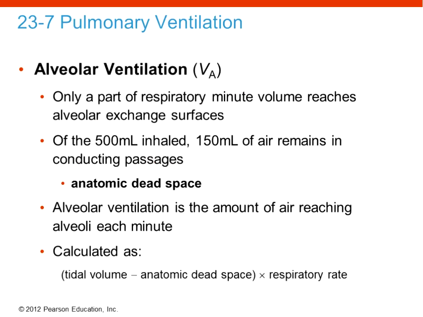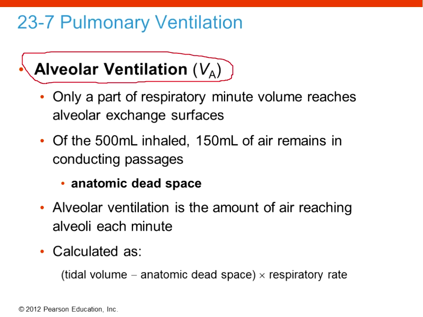Now, there's another equation that you can do to figure out the efficiency of the system, and that is what's called alveolar ventilation, or V sub A. V sub A is the amount of air or ventilation that's occurring all the way down to the alveoli. Okay, and so if you think about V sub E and respiratory minute volume, not all of that air that occurs in that minute is going to make it all the way down to those alveolar exchange surfaces, right?